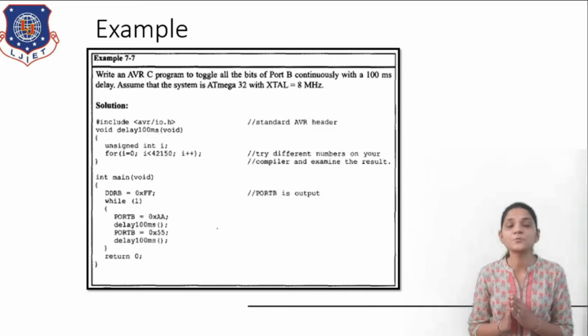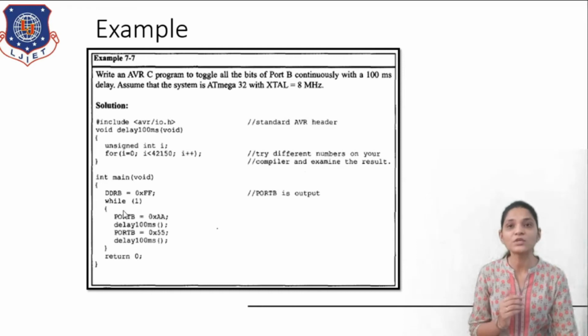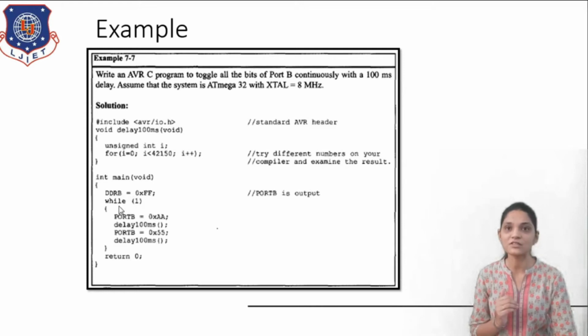Then we have to make port B an output port because we are toggling the bits on that port. By using the instruction DDRB equals 0xFF, that is the data direction register for port B, and making all bits 1, so it will make this port an output port.